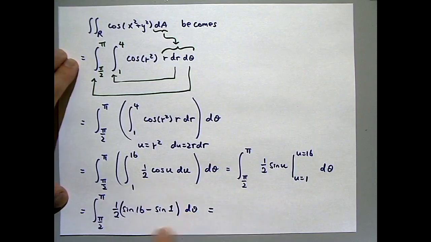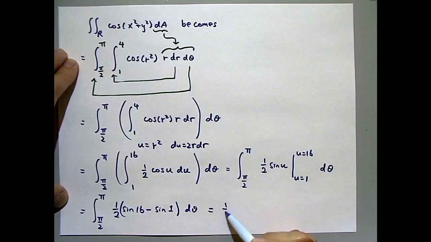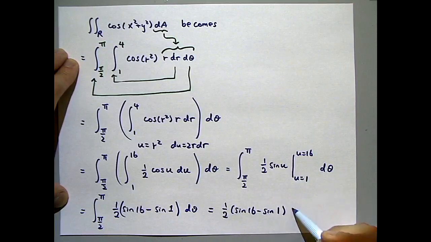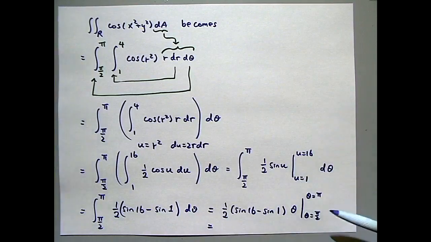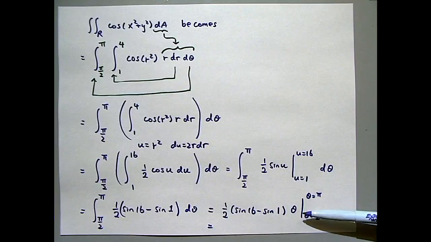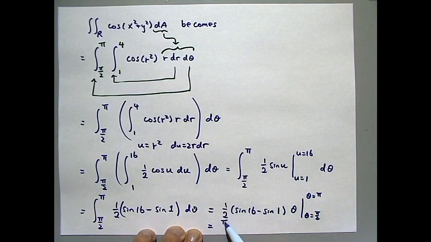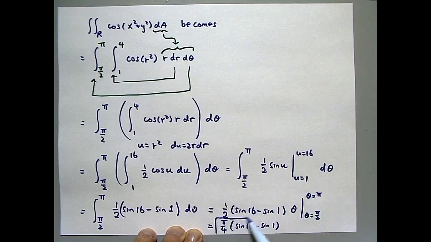So this is just a big constant times theta when you integrate it. At the end of the day, we get a difference of pi over 2 in theta. So this becomes pi over 2 times 1/2. That gives me pi over 4 times the quantity sine of 16 minus sine of 1. And there we go.